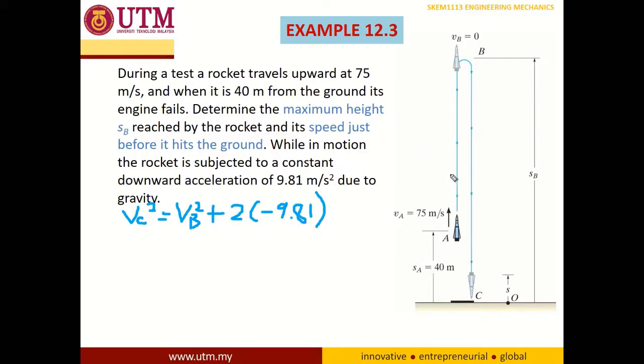The direction is always the inverse of the direction of s. The last position is 0, and the initial position is 327. Then VC is what we are interested in, and VB is 0.